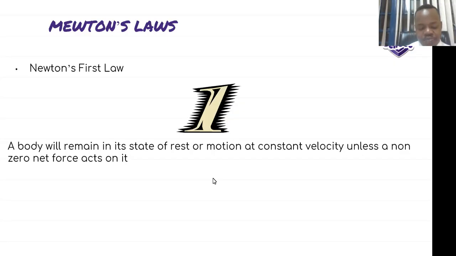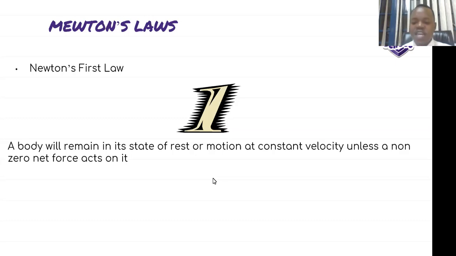In summary, what Newton's first law of motion says is, when a body is at rest, it means the net force on it is 0. When an object is moving, but it is moving at a constant velocity, then the net force on the object is 0.